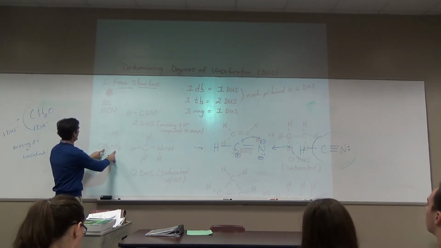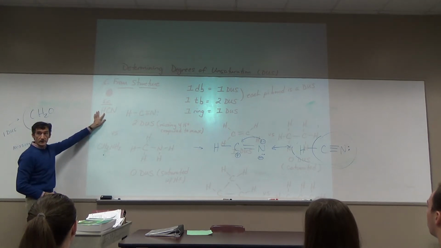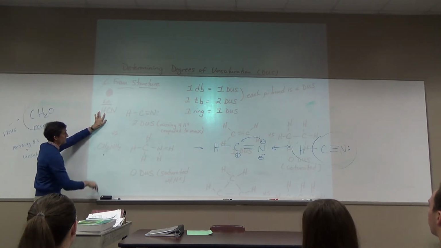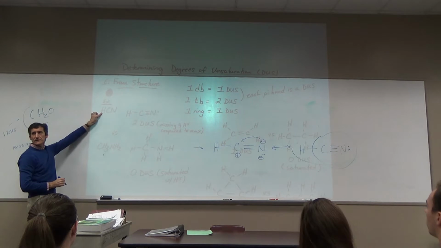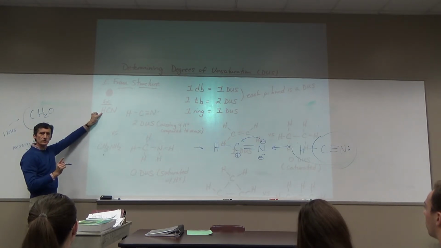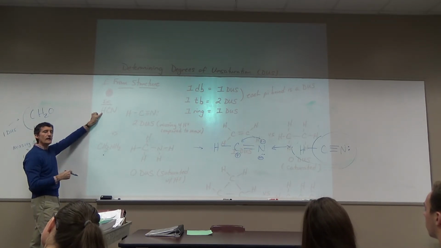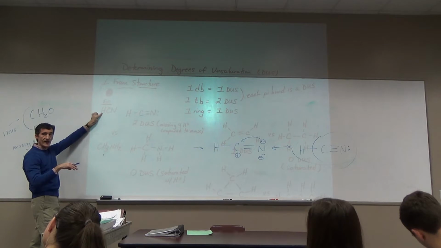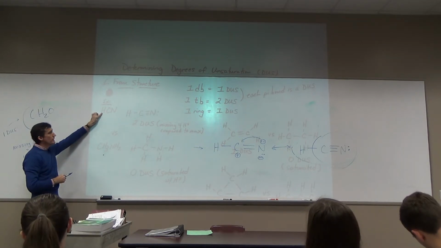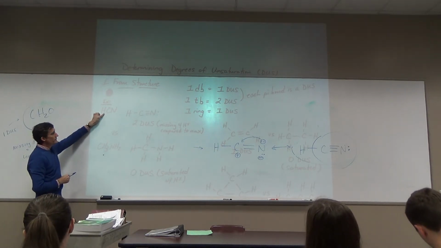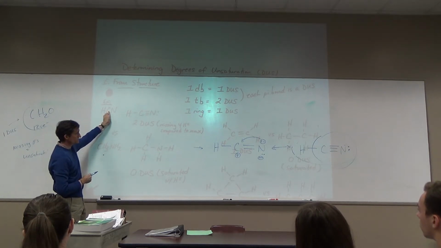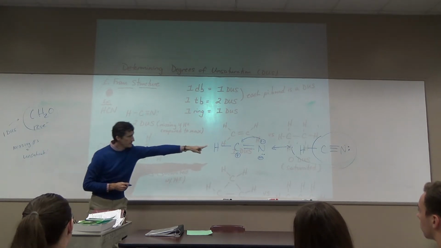But if we got C and N and only 1 H, we know, and we're going to learn more about the formula down here, we know we're missing 4 H's. And every 2 we're missing is 1 DUS, so every 4 we're missing is what? 2. Yeah. The number you're missing, you divide by 2 and you get the DUS. Missing 4, divide by 2 is 2 DUS. That tells us we're going to have 2 pi bonds, and indeed we do.